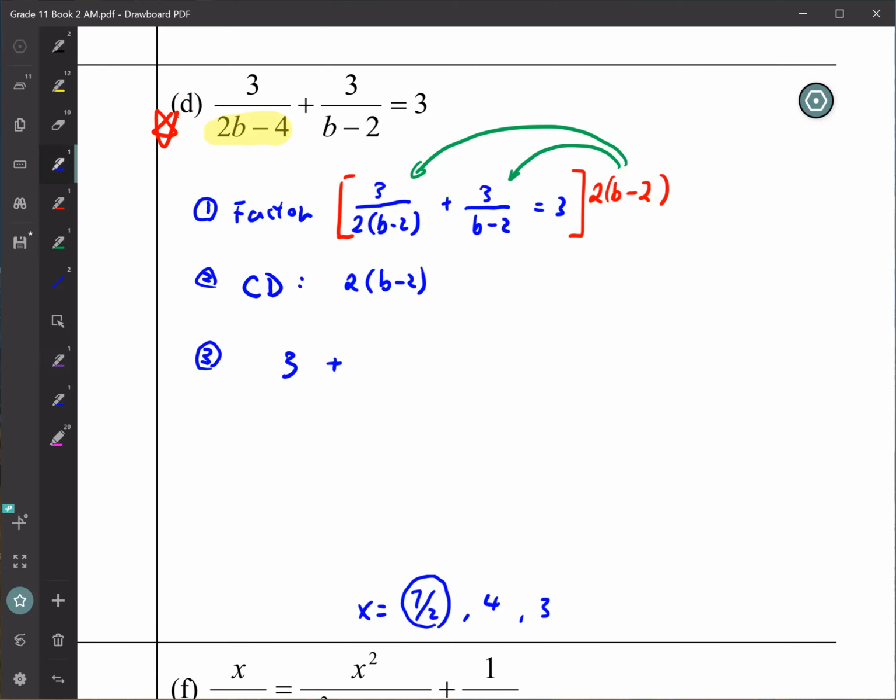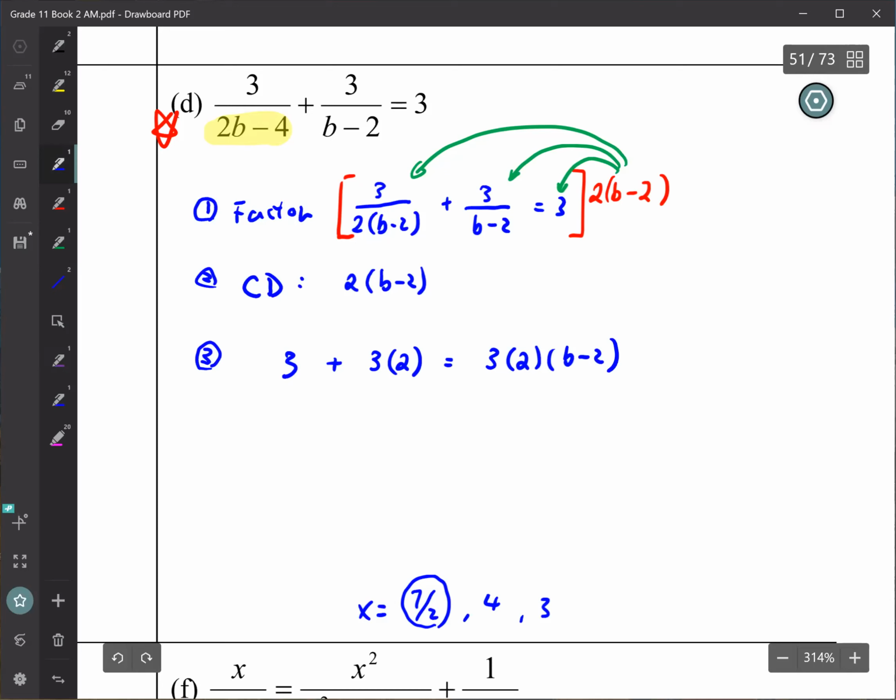So you're left with 3 times 2. Does anyone have questions so far? Okay, when you multiply with the right side, there's no denominator to cancel, right? So you should keep everything. So 3 times 2 times b minus 2. So after you get rid of the denominator, your line should look like that.